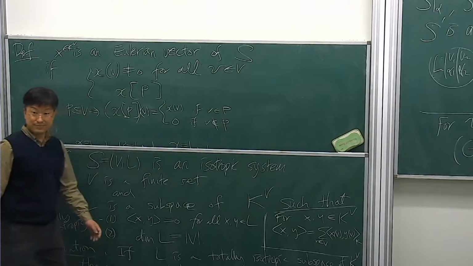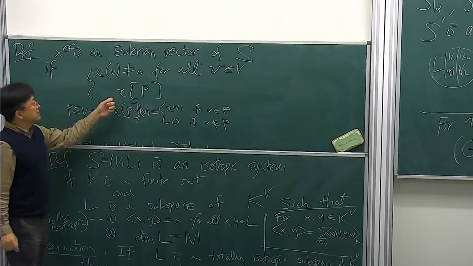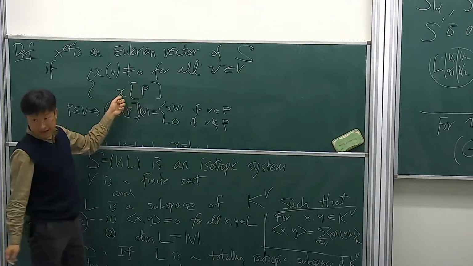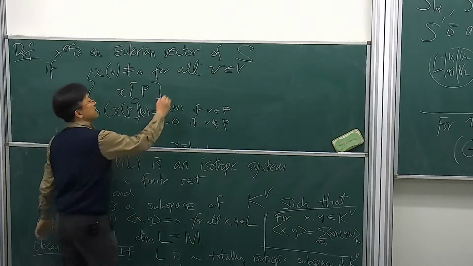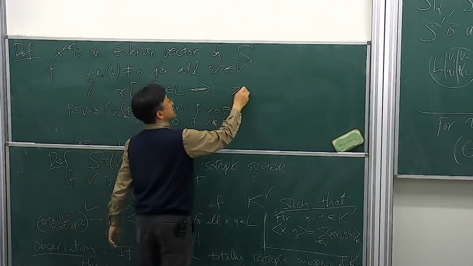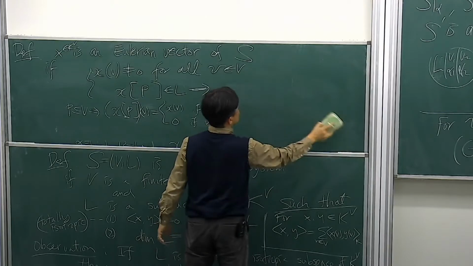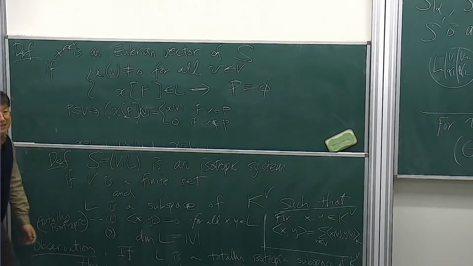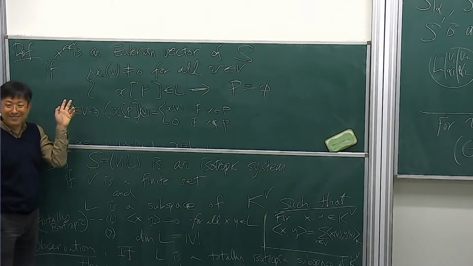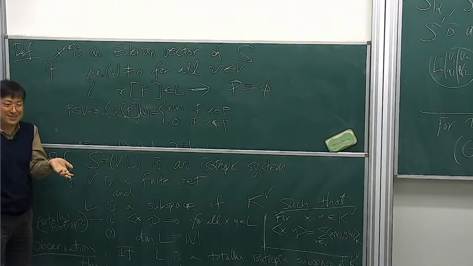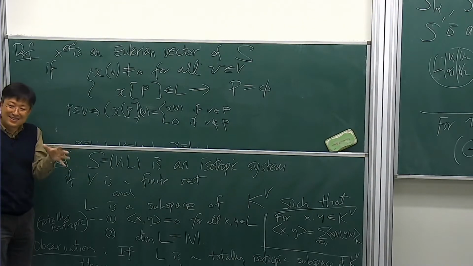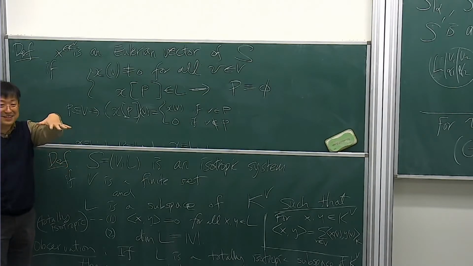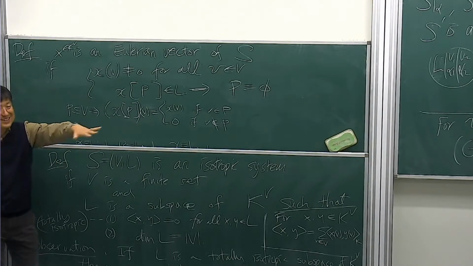So if I restrict X to P, and then if it's in L, then P is empty. So that's the definition of the Eulerian vector for an isotropic system, which is strange. It's a completely non-zero vector.